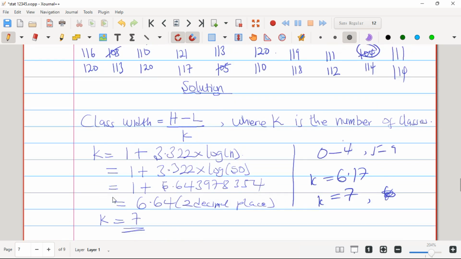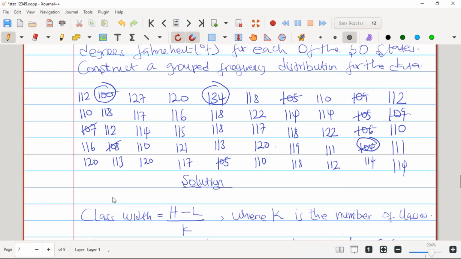So when we come here, 110 to 114, we are just going to count, and let's start from here.